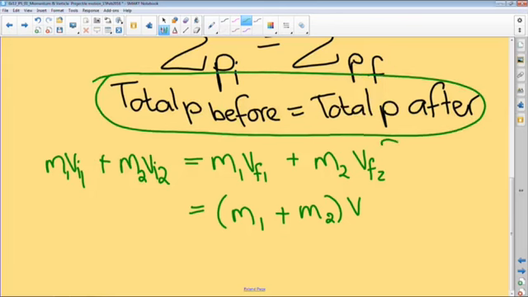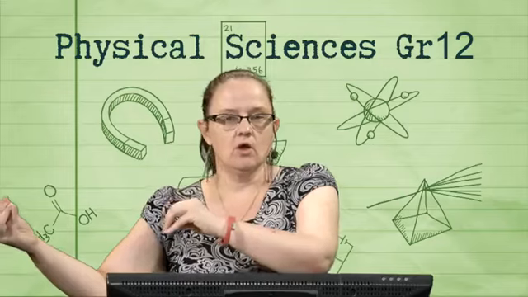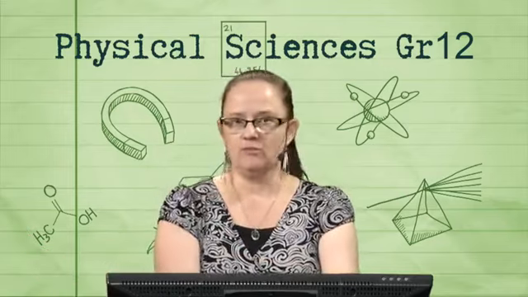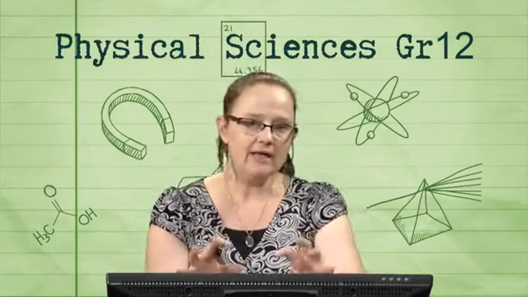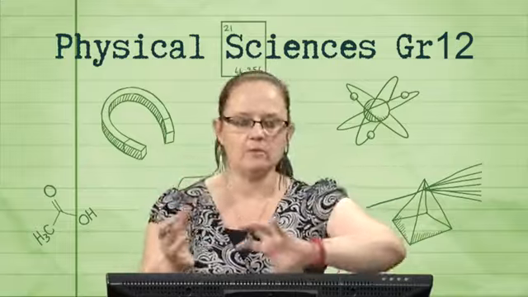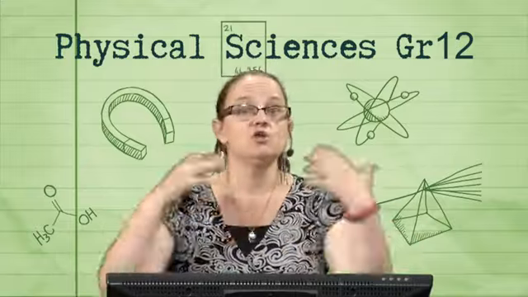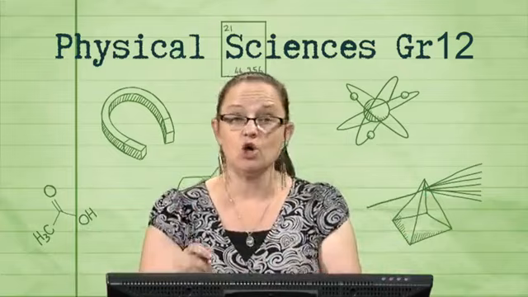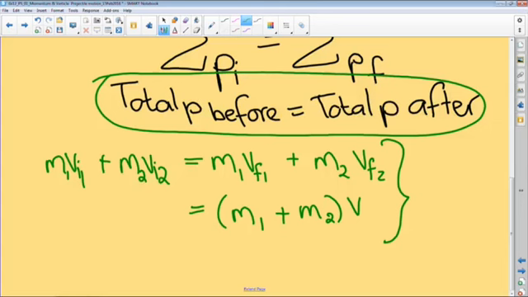How you manipulate the equation depends on the question. There are lots of ways the second part of the equation can be written, but it all depends on what's happening, whether they stick together or collide. So that is question-based. Don't learn the first equation I wrote in green. Learn total momentum before equals total momentum after.